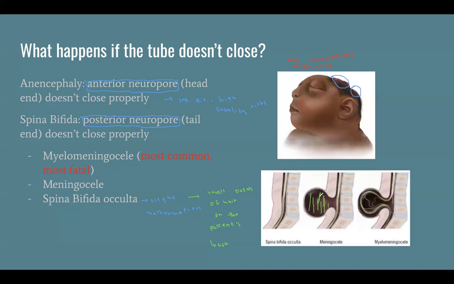So it's just a fluid-filled pouch that bulges out from your body. This is meningocele. Remember, your meninges are the three tissues that line your brain and your spinal cord. Your meninges bulge outwards from your body, so there's going to be a little pouch outside your body.